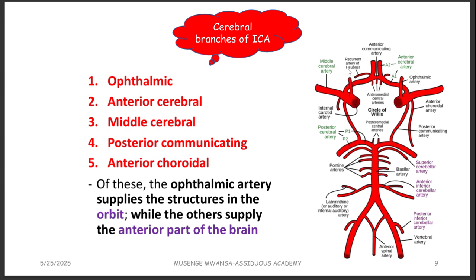The anterior cerebral and the middle cerebral are coming from the internal carotid, including posterior communicating. Posterior communicating is coming from the internal carotid, but the posterior cerebral is coming from the basilar artery. I hope that's okay.